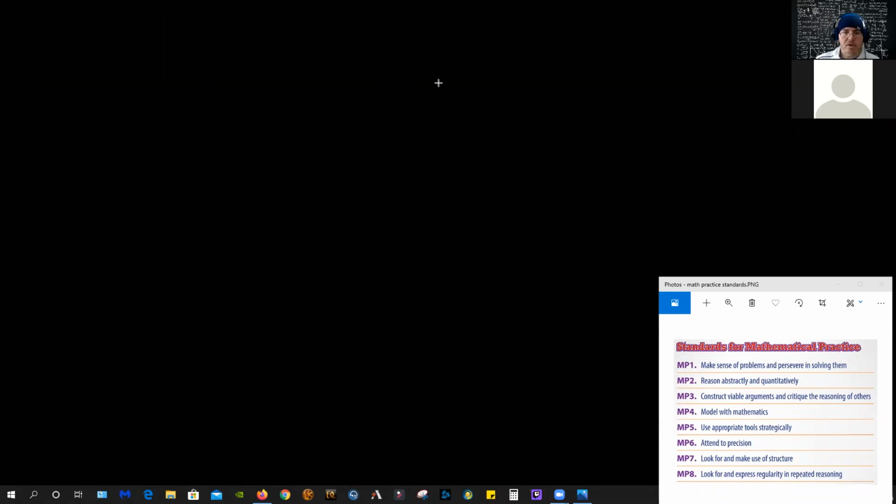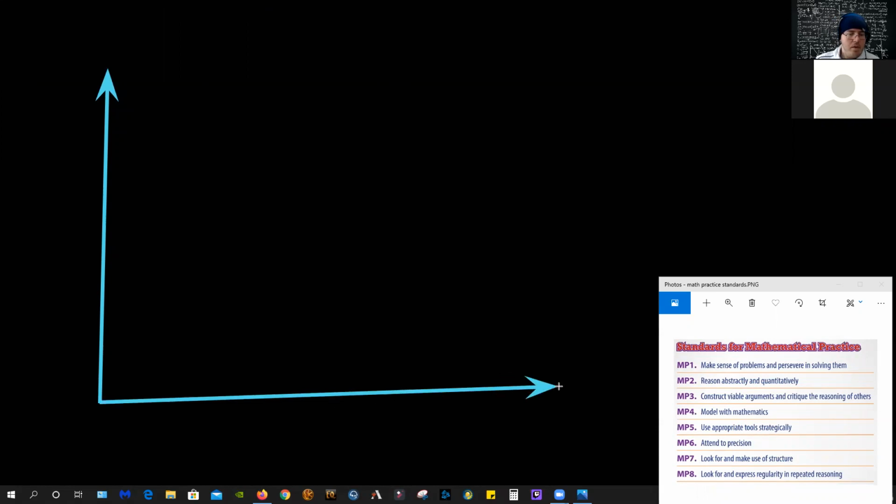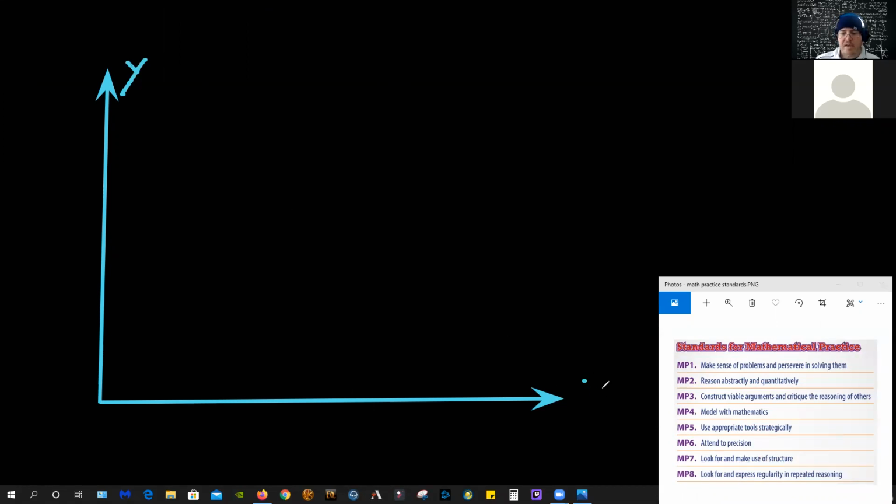Anyway, so let's pick a good color. Okay. So if you imagine a coordinate system with a y-axis and an x-axis, and then you've got some lines going through the system.